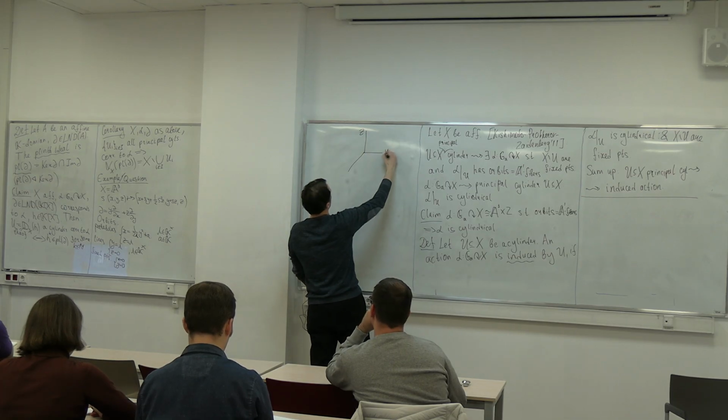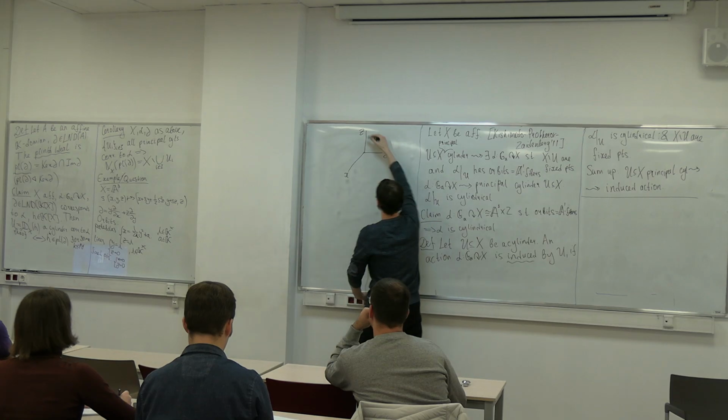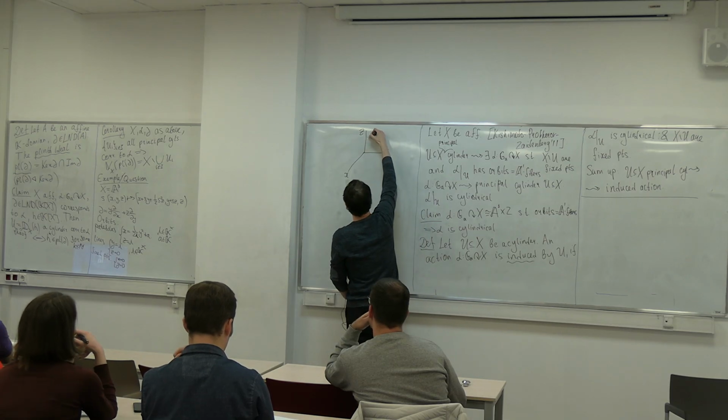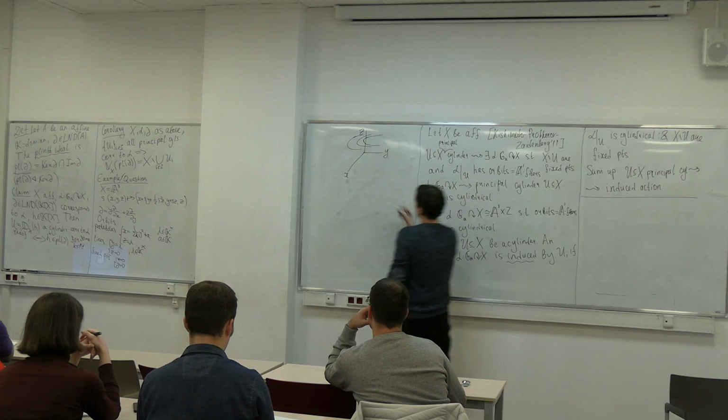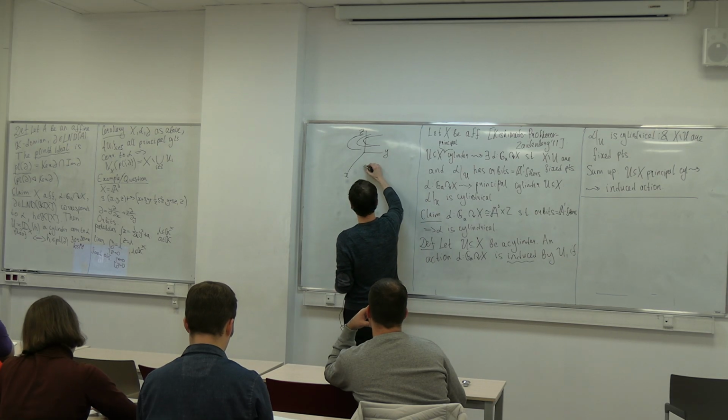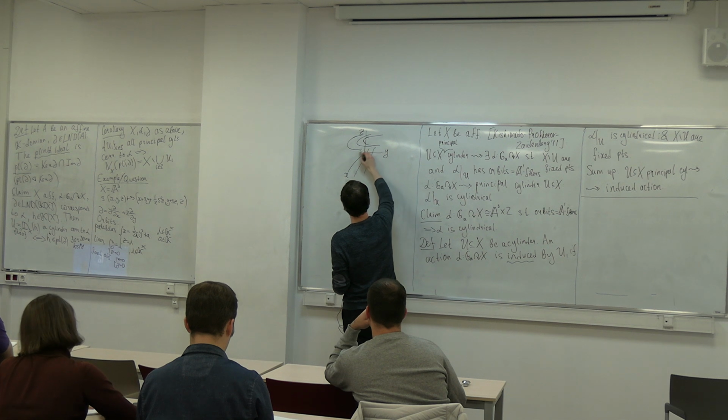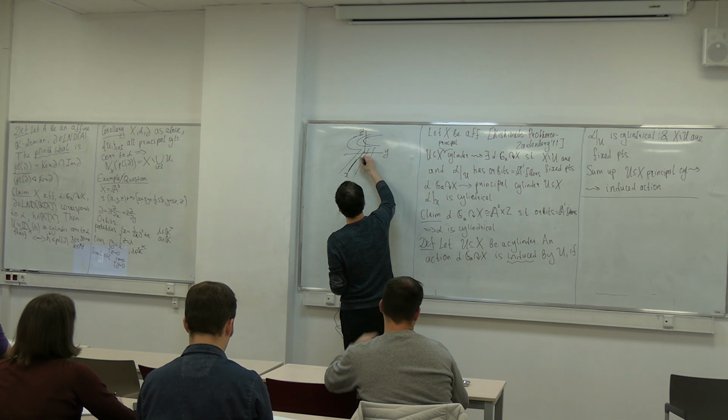Z, y, x. So where z is non-zero, we have all possible parabolas shifted and whatnot. And here we have lines where z is 0 and we have a line of fixed points.